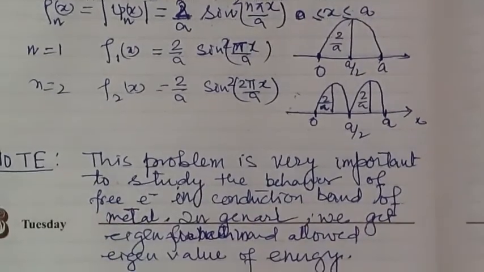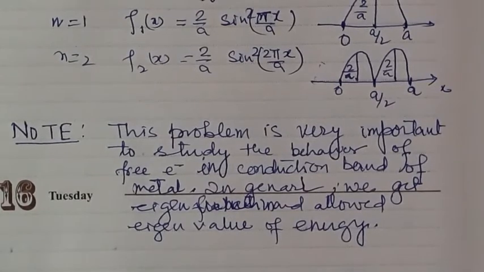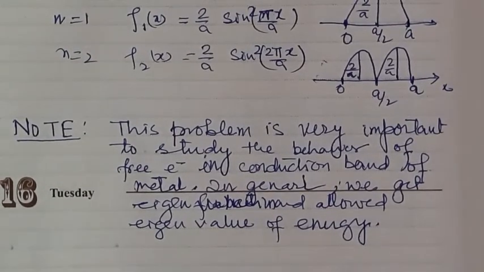I wish to quote a very important note here, which can be very useful in further study. This problem is very important to study the behavior of the free electron in the conduction band. So in general, we try to get the eigenfunctions and eigenvalues.